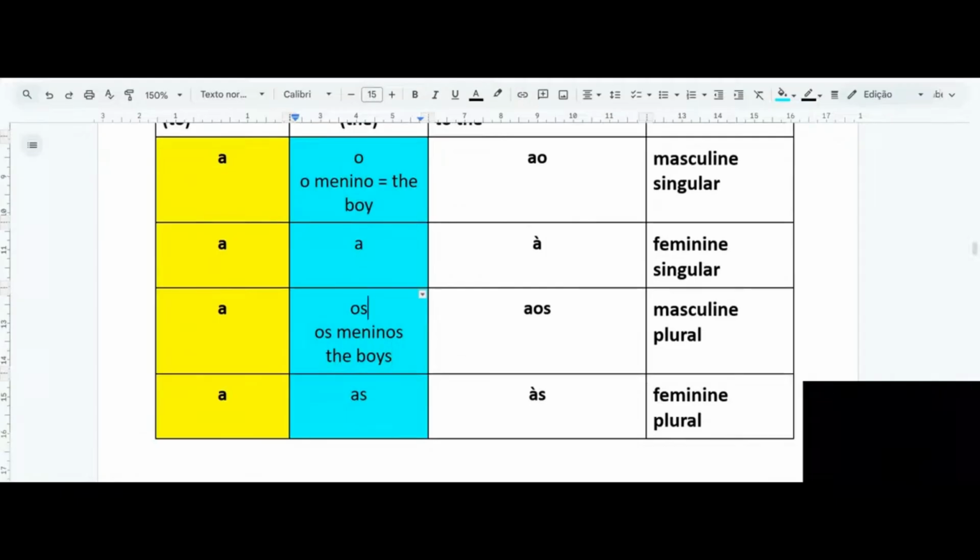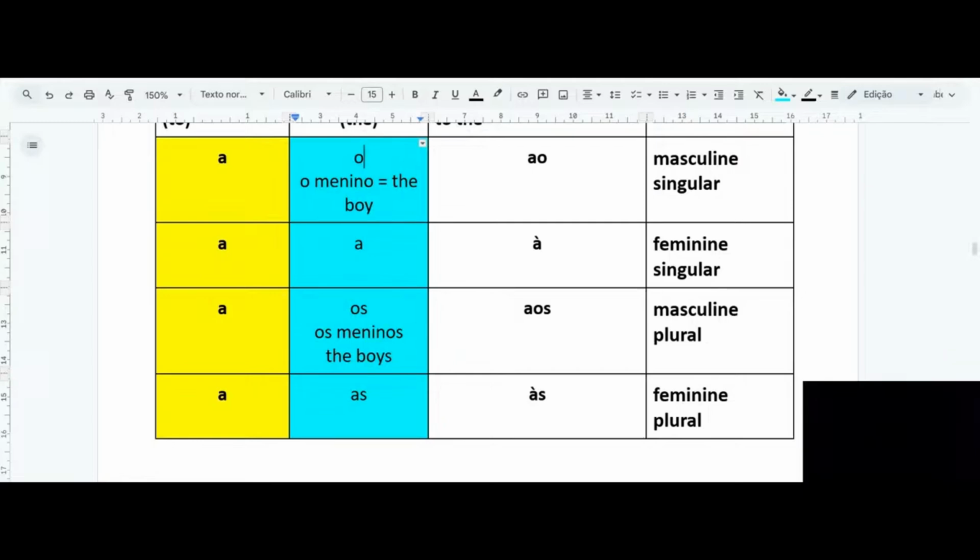Okay, so in English, we could say that it was the boys. So don't think that because in English it's the boys, we just added "s" to boys. But in Portuguese, it's not just like that. The "o", you need to add "s" to it to become plural, and the "menino" too, you need to add "s" to it.